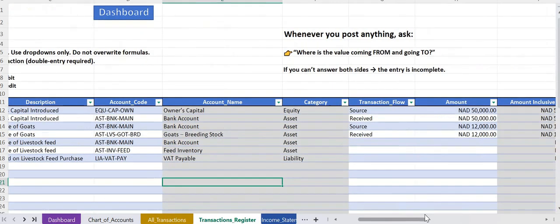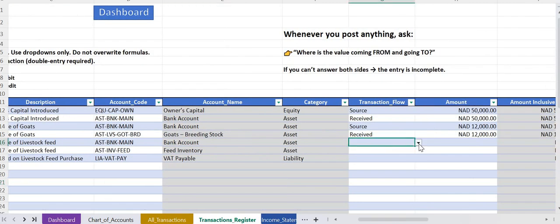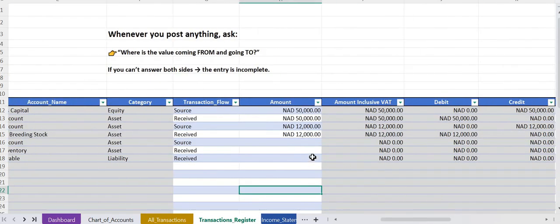Now let us quickly set the flow. So this is the source account, and this is recipient account number 1 and recipient account number 2. All right. Now, for the money. We first of all need to determine the cost or the amount excluding VAT.